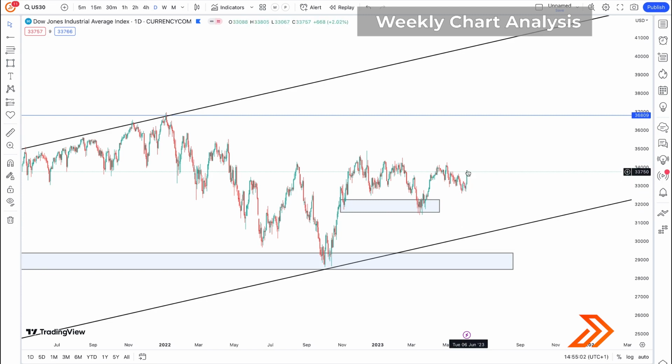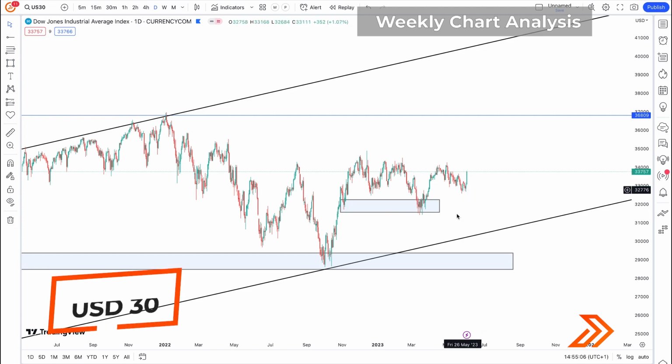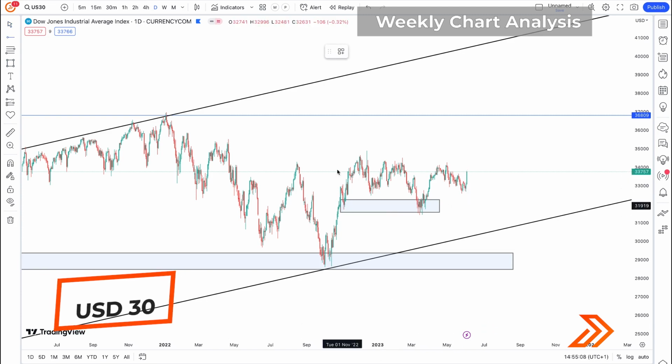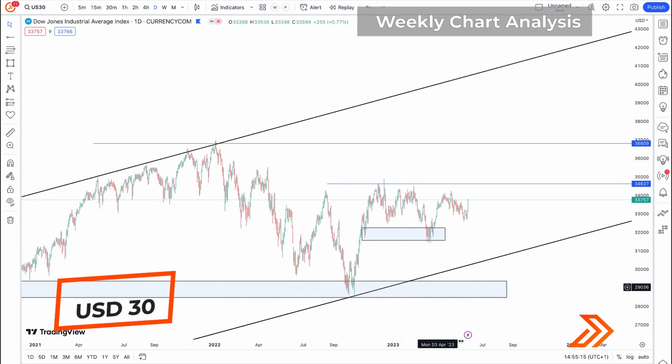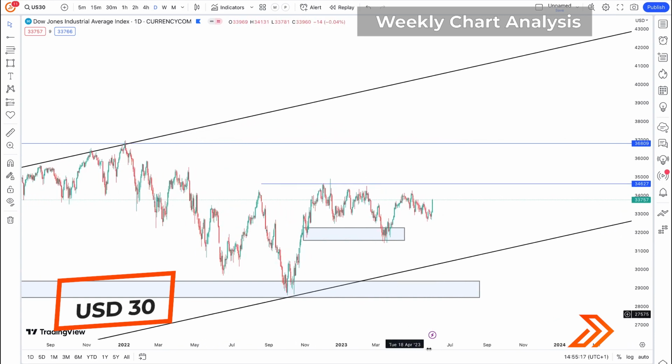This bullish candle that you saw here is the impact of the NFP news on Friday, and I'm expecting price to continue to go bullish on the US30 market.